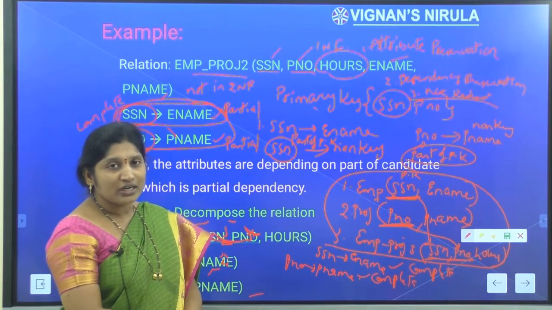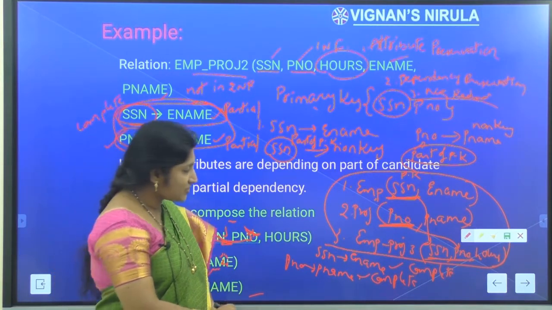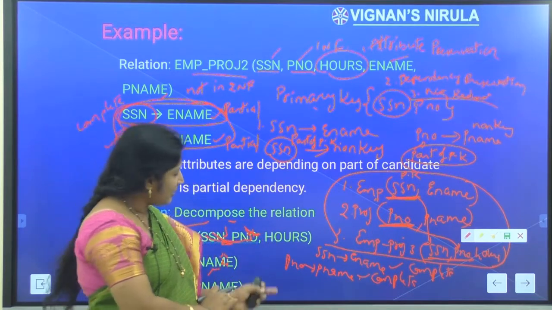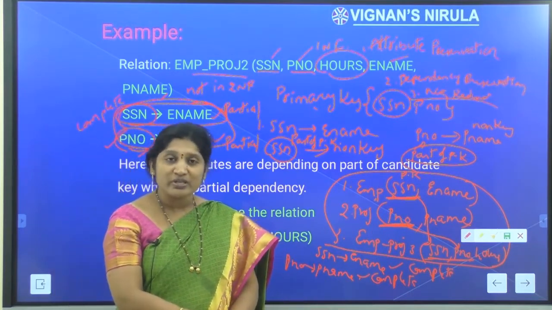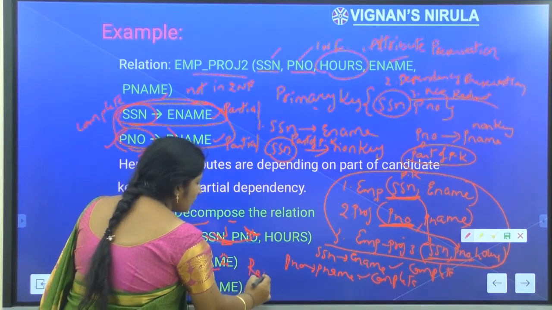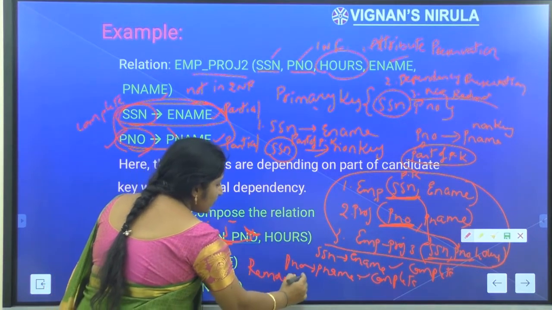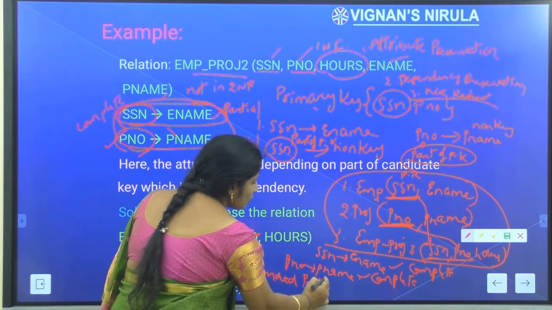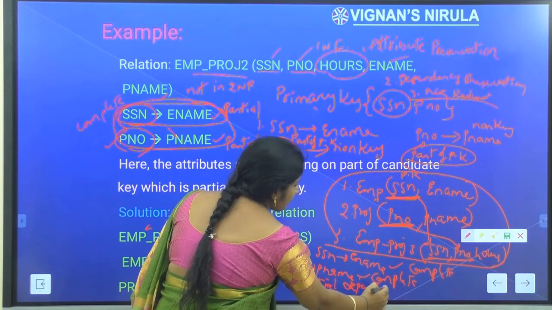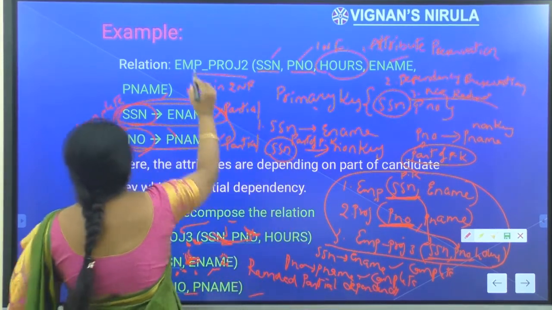We have solved the problem of partial dependencies. Now the dependency SSN implies E name has become the complete one and P number implies P name has also become the complete FD. We have removed partial dependencies. So now our table is in 2NF.